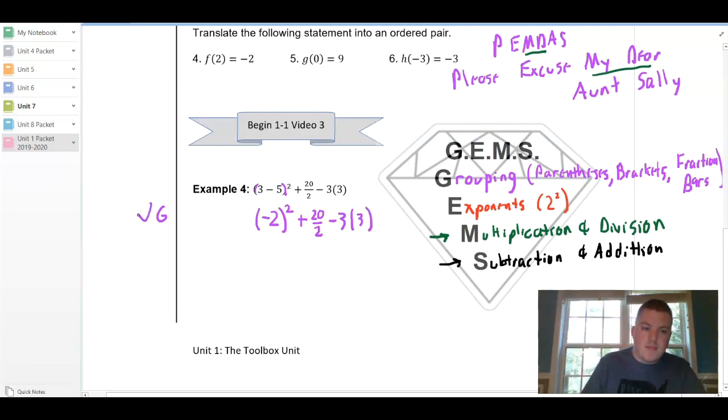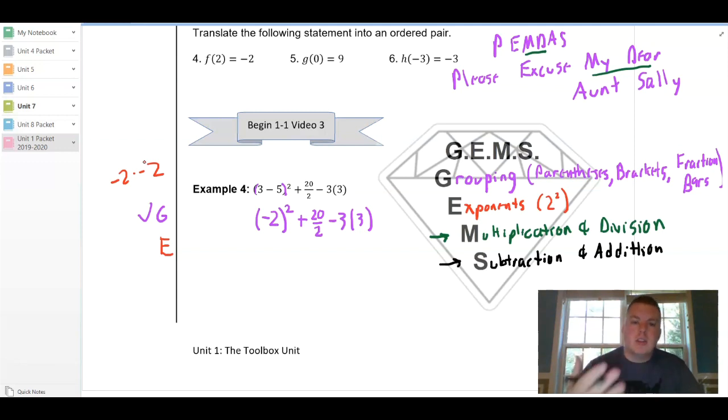So I've checked off my grouping. The next thing I want to look at is exponents. And I do have a squared here, so I want to do that first. So negative 2 squared means I'm multiplying negative 2 times negative 2. And this is a place where a lot of people will make their mistakes. Remember that any time that you square a number, you should come out with a positive answer.